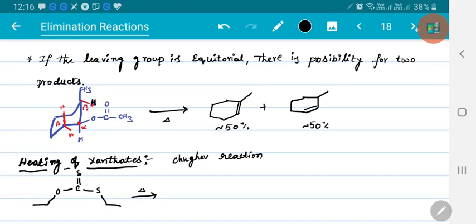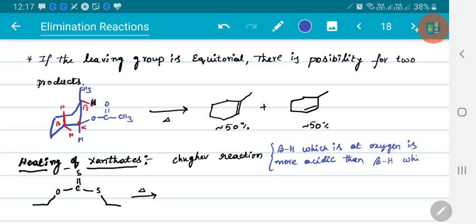Now in this case there are hydrogens at different positions, right? So in this particular case the beta hydrogen at oxygen is more acidic than the beta hydrogen at sulfur, right?